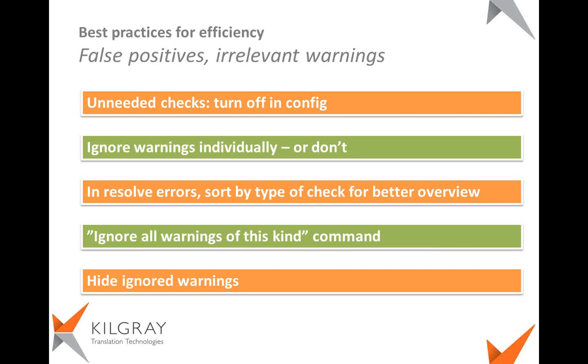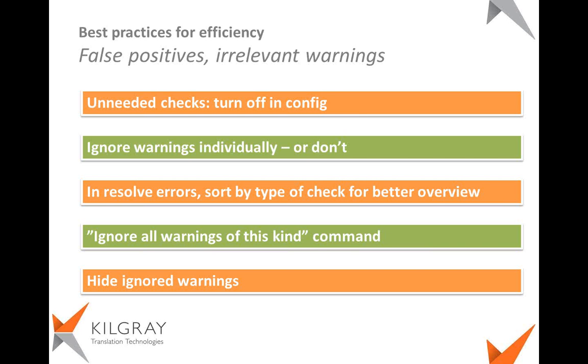You sort out the genuine ones by spotting them in the list, which is much easier than in the translation grid. And then tell MemoQ to ignore all warnings of this kind. So this, without changing the configuration of the checks, already saves you a lot of time.